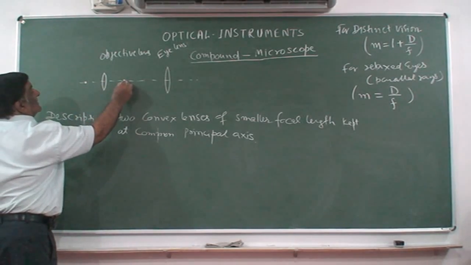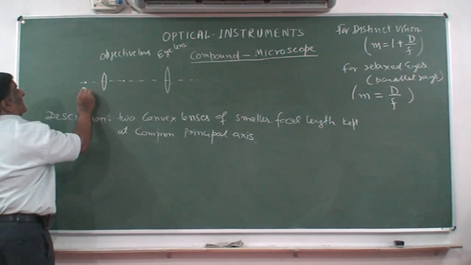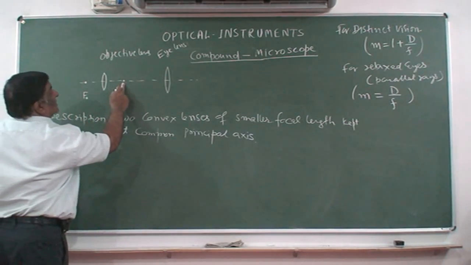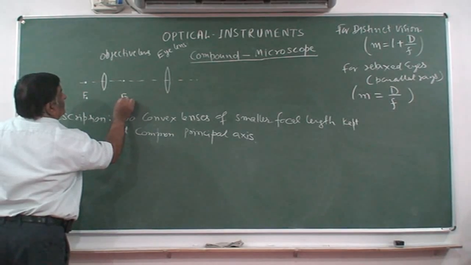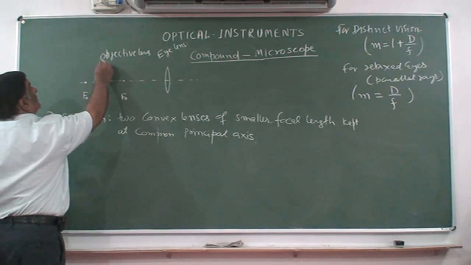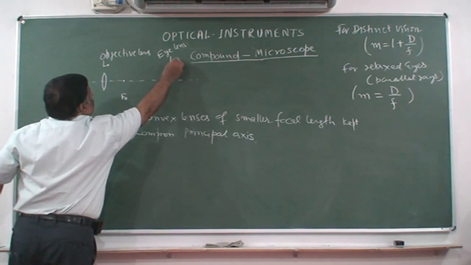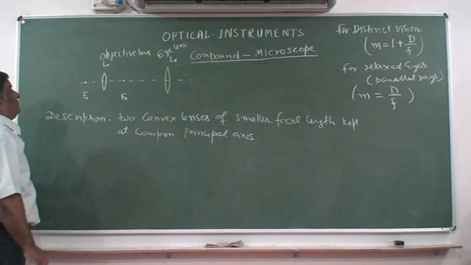This is the focal length of the objective. This is also the focus of the objective. This is the objective lens and this is the eyepiece lens.